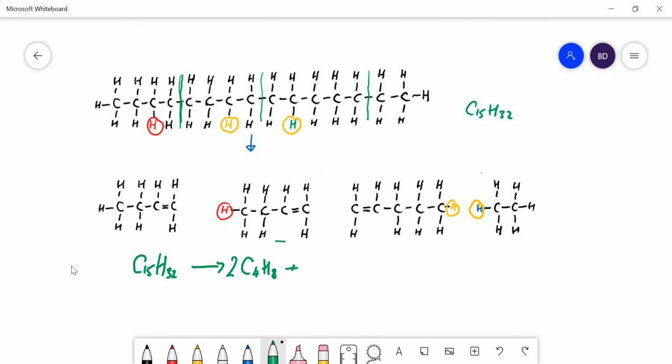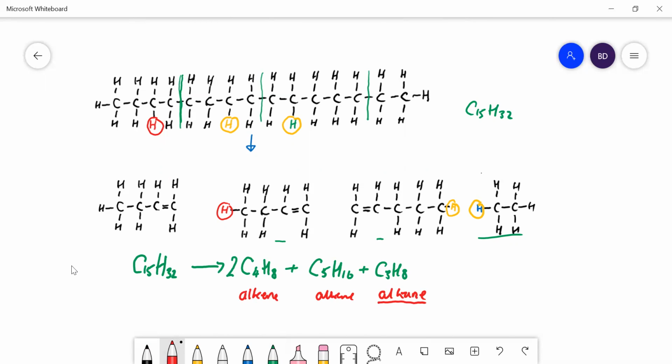And then you're going to get this one, which is C5H10. And finally, we're going to get an alkane at the end, that is C3H8. So we just look at what we've got there. This is an alkene, you can tell by the ratio of carbons to hydrogens. This is an alkene, and this is an alkane. So whenever you crack, you always get one of the fragments is an alkane, and all the other bits are alkenes.